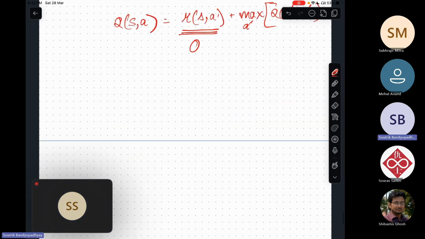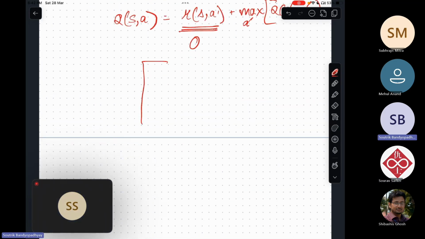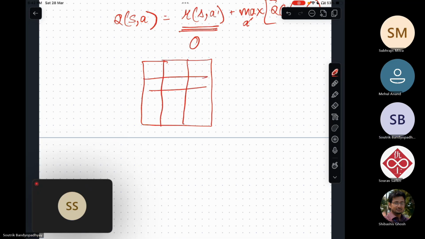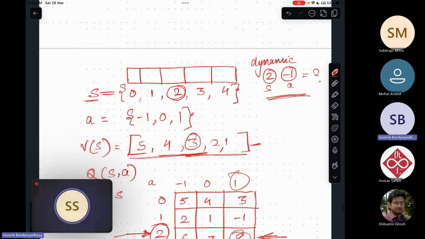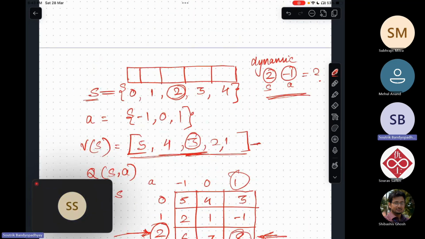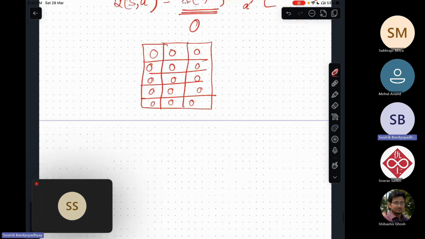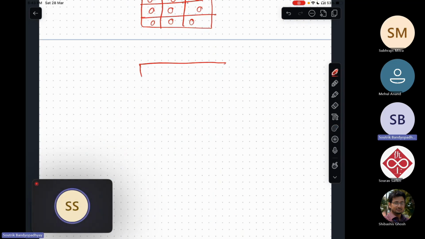Right, so initially you would initialize this entire table with zeros, right? So all these values would be zeros. Now let me play this game. Let me draw it again here. So this grid world over here has, let's say, actions that I can play.